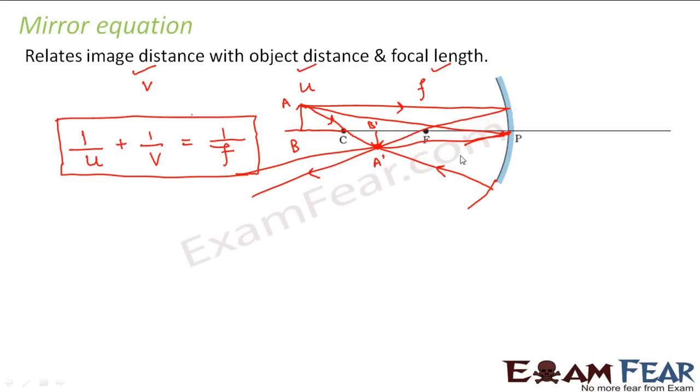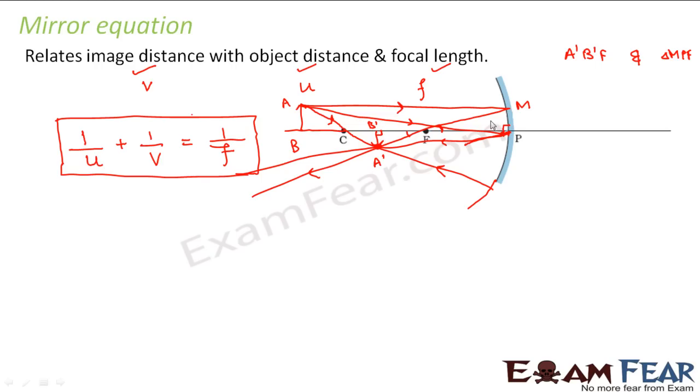Now if we look at this diagram and consider these triangles, first let me name things here. This is A, this is B. Let me call this M. This is triangle MPF, and this is triangle A dash B dash F. If you compare these two triangles, you have vertically opposite angles, and this is 90 degrees and this is 90 degrees.